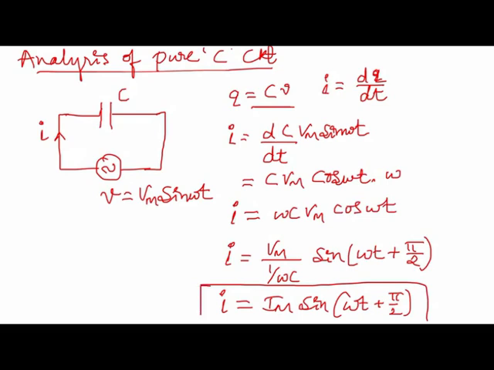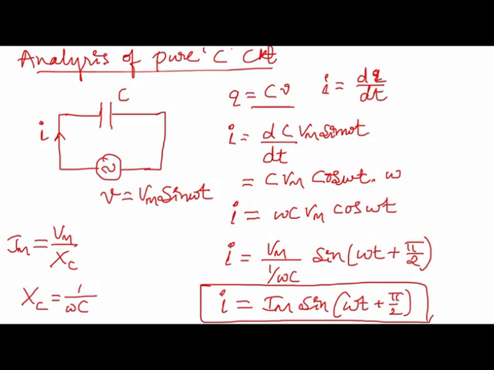Whenever we apply a sinusoidal voltage, the current will be I is equal to Im sin omega t plus pi by 2, where Im is equal to Vm by Xc, where Xc is the capacitive reactance, which is given by 1 by omega C. Xc is equivalent to the resistance, the equivalent resistance of the given capacitive circuit.